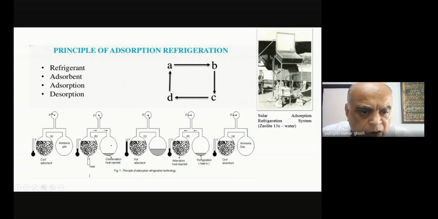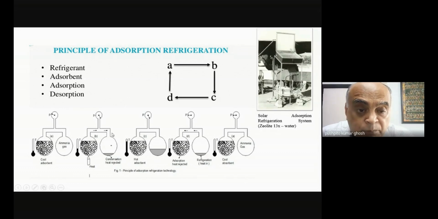Quite a bit of ammonia is already adsorbed in it, a lot of ammonia. Now during the daytime, this will heat up. When it heats up, the ammonia is going to get released by the system.